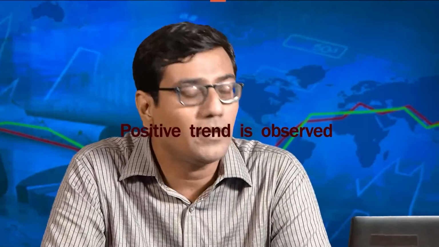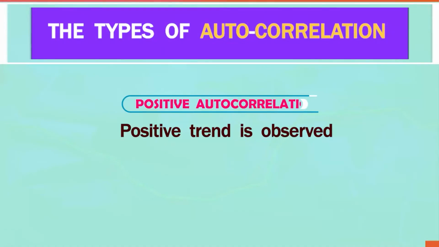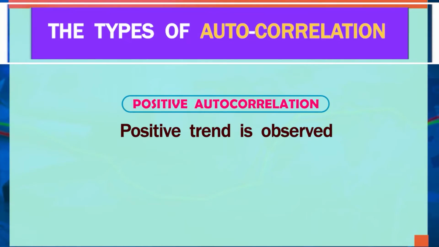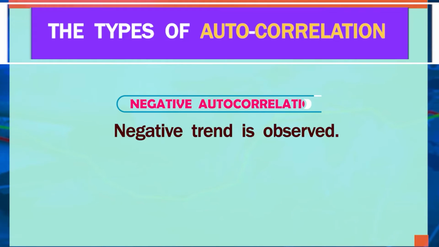And thereby the sources of autocorrelation are evident in any kind of real life time series data. Now we focus on the types of autocorrelation. By types of autocorrelation we mean either a positive trend or a negative trend is to be observed. If it's a positive trend, then it's a positive autocorrelation, otherwise it's a negative autocorrelation.